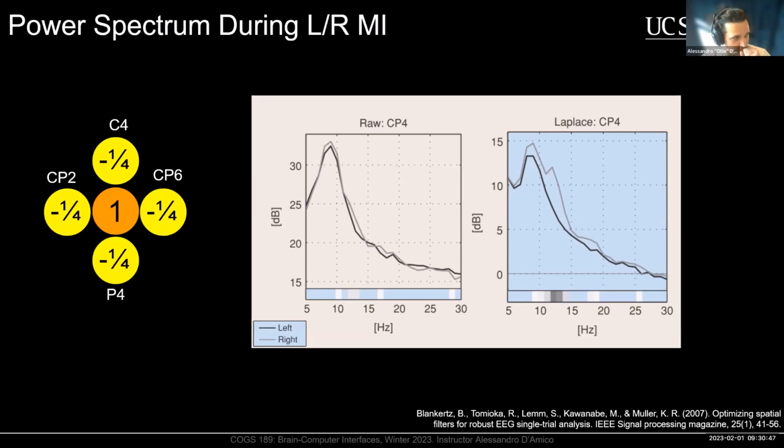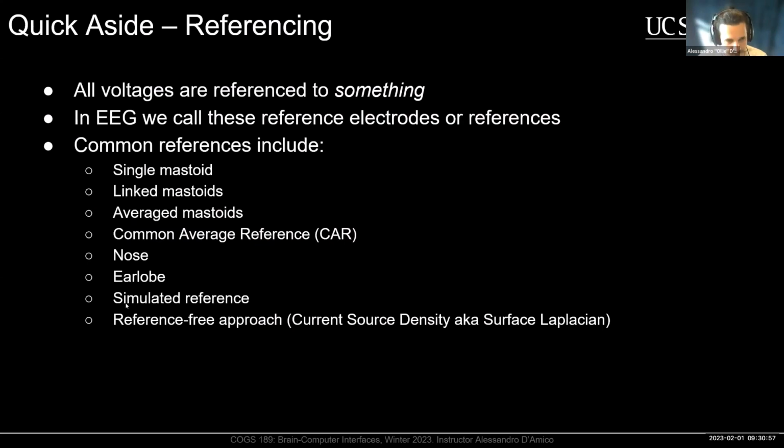Oh, I see a question in chat. Does a simulated reference mean they pick one of the electrodes after recording, or they calculate it afterwards? So the simulated reference is typically a reference that's created by the amplifier itself, which would mean that your EEG signals are not referenced to any actual signal.